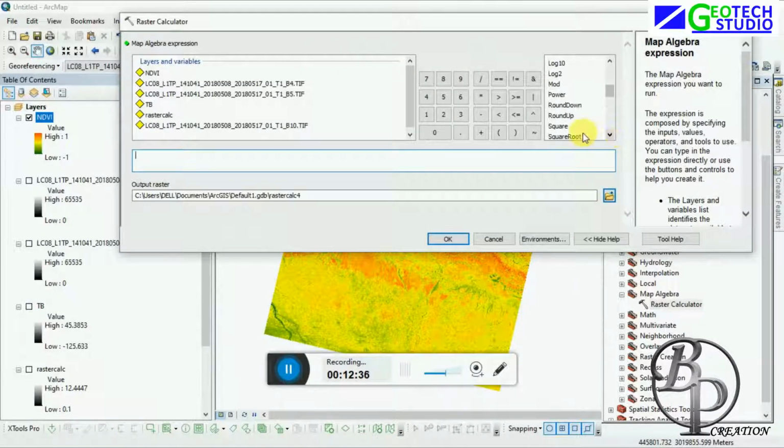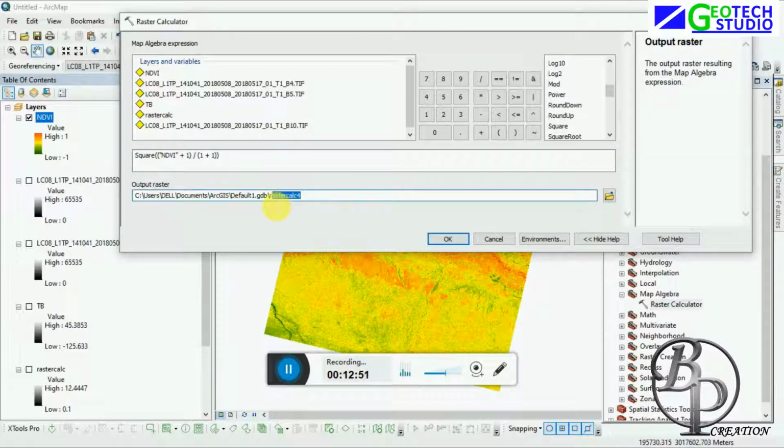And I am gonna put my formula NDVI that I have told before, and I have done that formula, assign my name and run it.